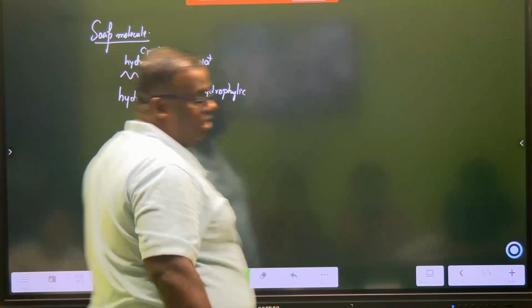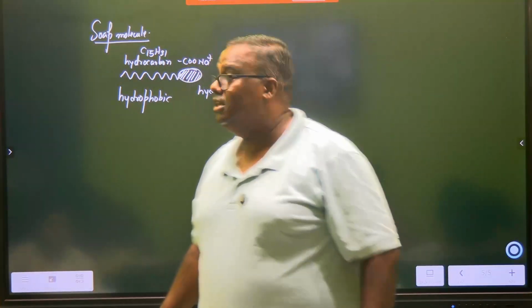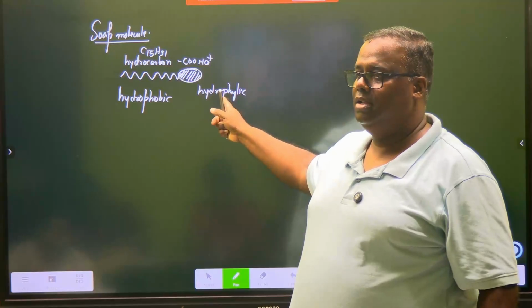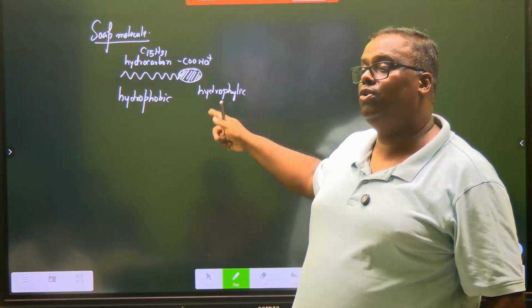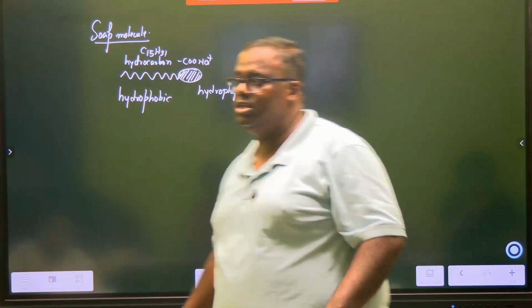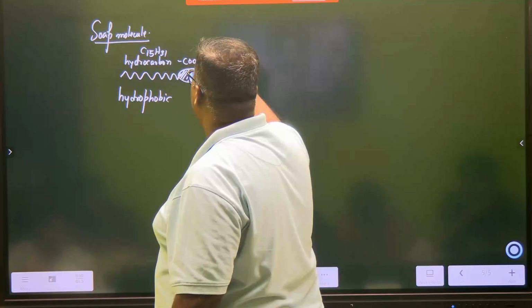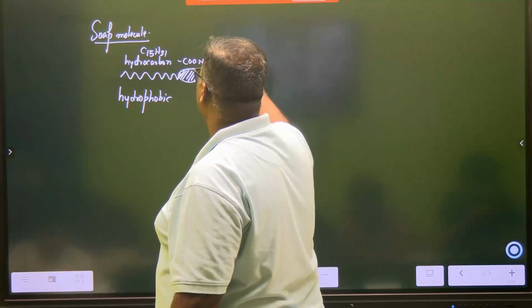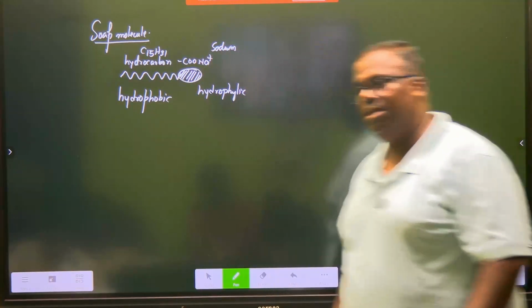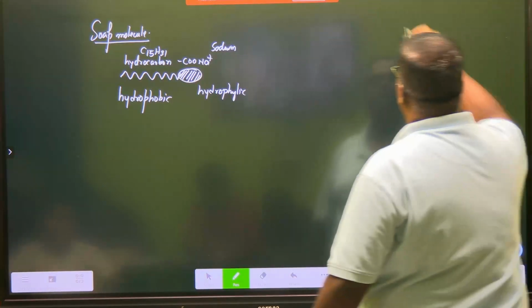So first understand, a soap molecule is a tadpole-like structure whose head is the sodium ion part, and this is hydrophilic. And the other side is the hydrocarbon part, which is hydrophobic. So this is hydrocarbon and this is the sodium part, sodium attached with the acetate. Okay? Understood? Now let's also see one more thing.